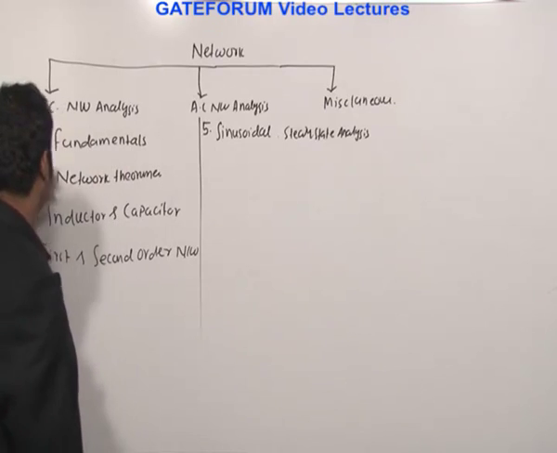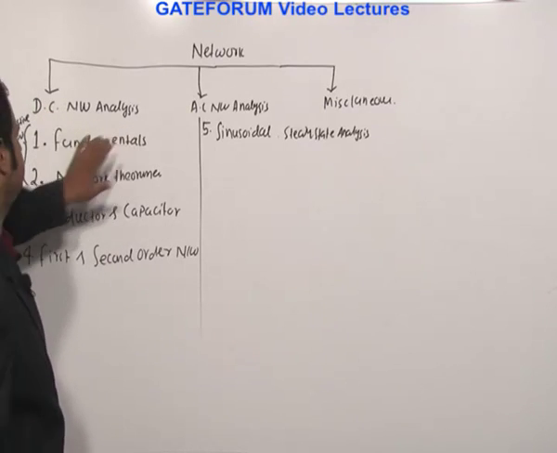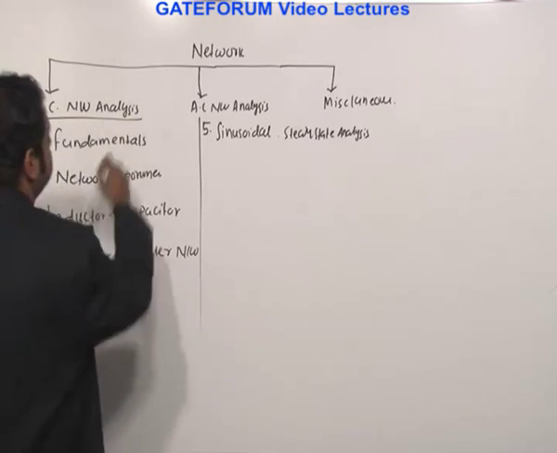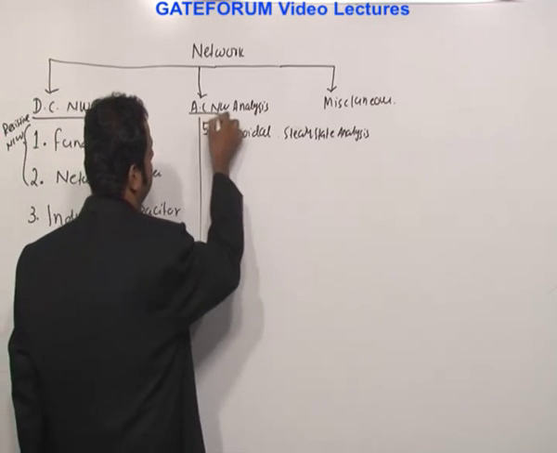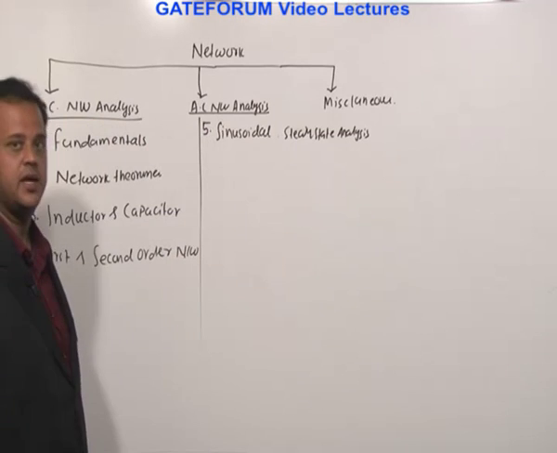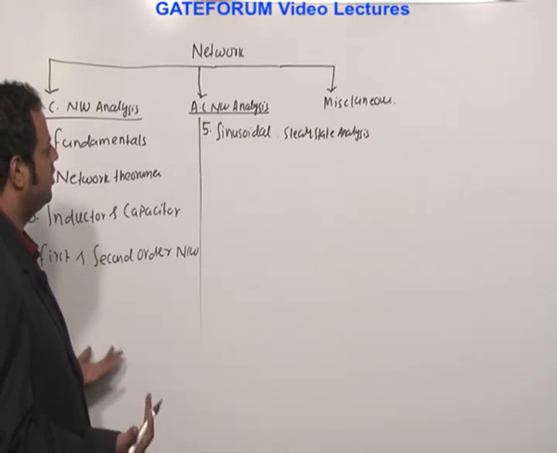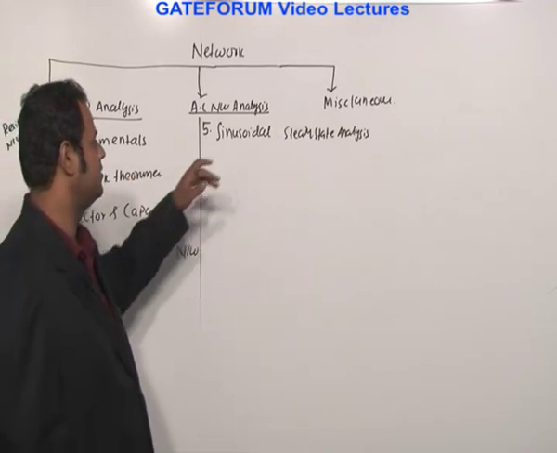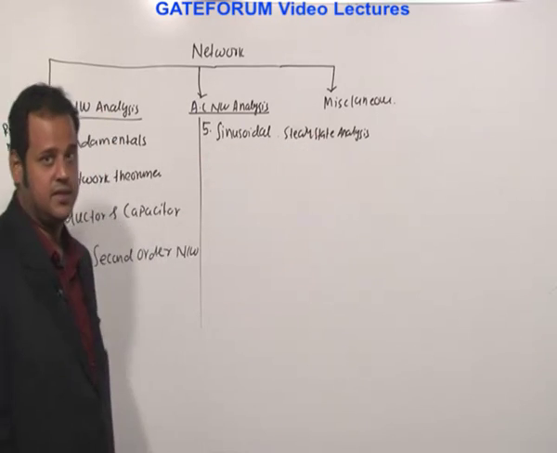As the name itself indicates, DC means the source is DC, AC means the source is AC, popularly the sinusoidal case. If the input is sinusoidal, how to find the voltages and currents in networks when R, L, C elements are all there. All that we will take in sinusoidal steady state analysis.